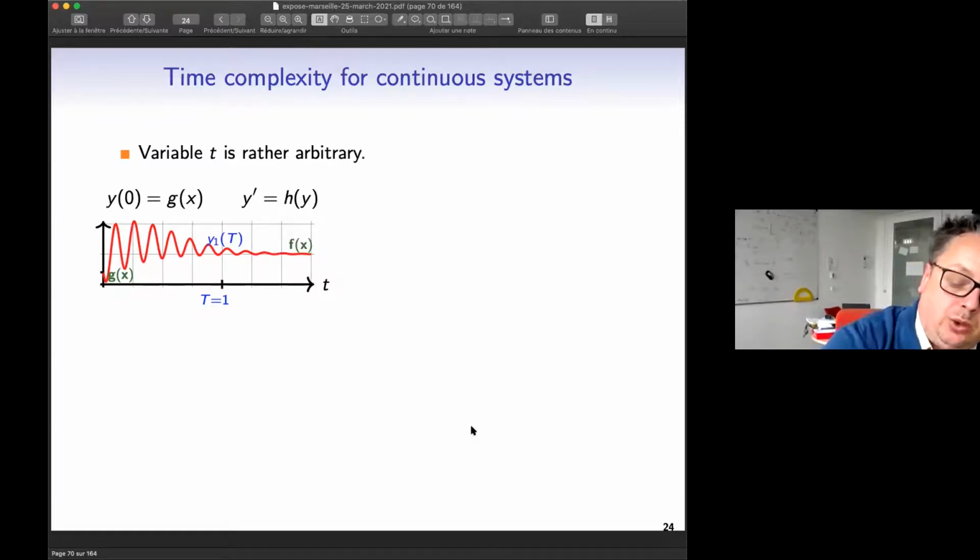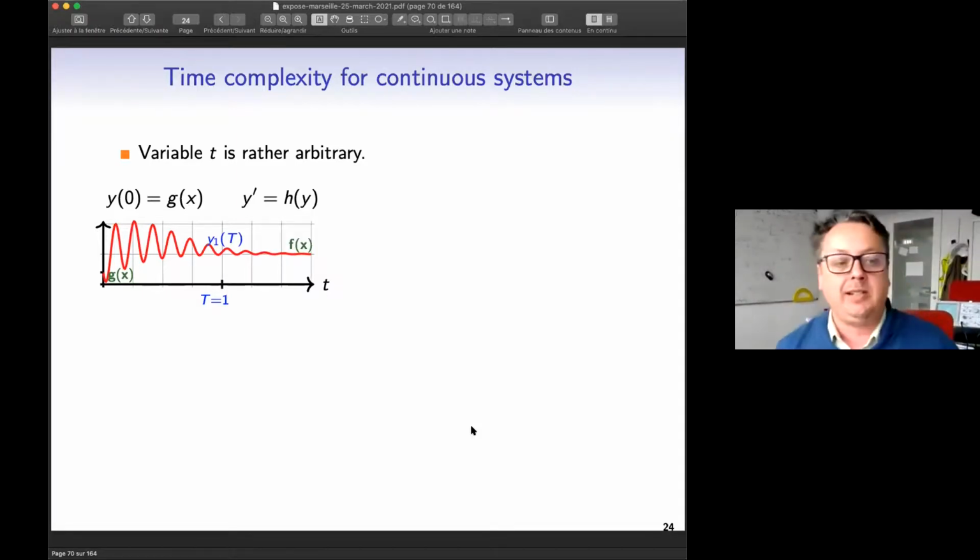But could you solve problems faster? Could this machine be used to solve problems faster than usual machines like Turing machines? So can we talk about the time complexity for continuous systems? And it's not an easy task.